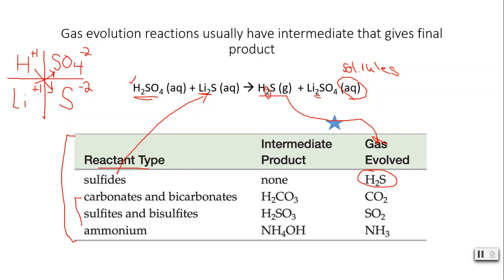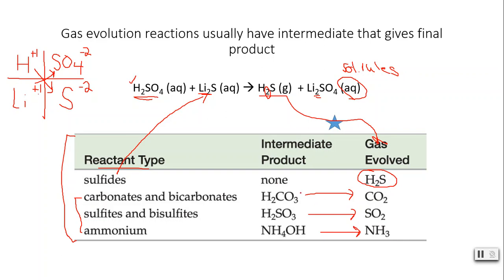But for these others, if you have a reactant type that is classified as one of these 3, then when you do your double displacement reaction, you're going to get one of these intermediate products, either carbonic acid, sulfurous acid, or ammonium hydroxide. That intermediate product will decompose to give you the gas that is listed.